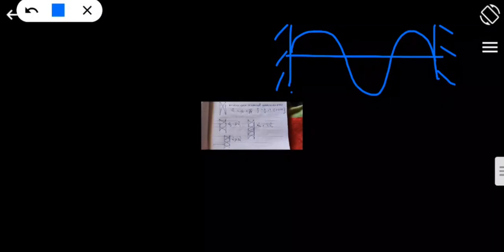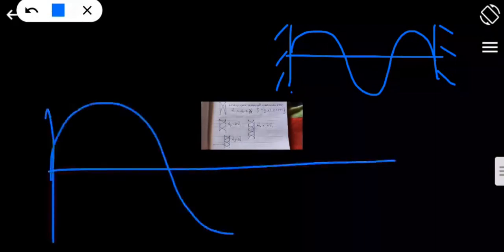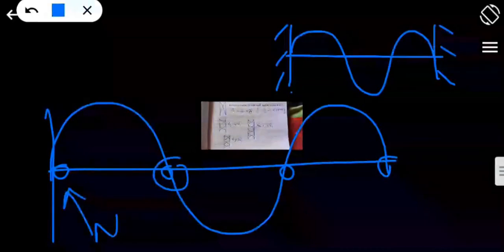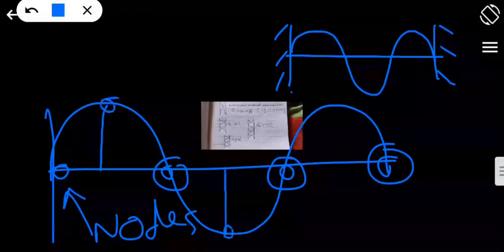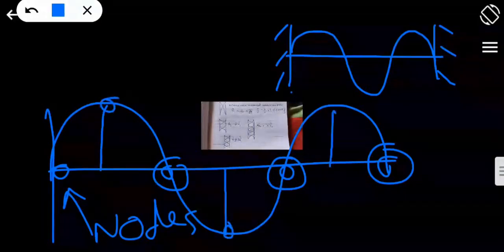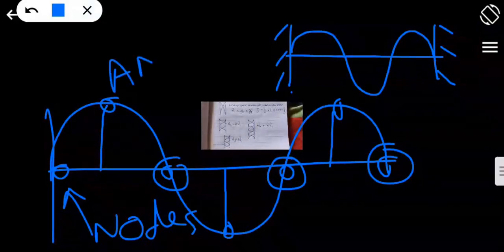Before doing that, let me show you what is a node and what is an antinode. See, if a wave is traveling like this, the zero points, where the wave is returning to zero, are known as nodes. And the maximum amplitude points, that is negative maximum or positive maximum, are known as antinodes.